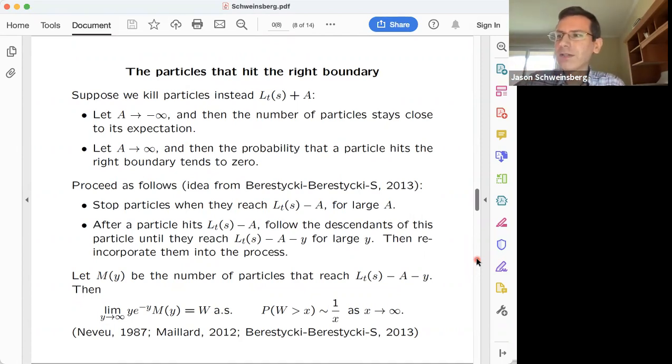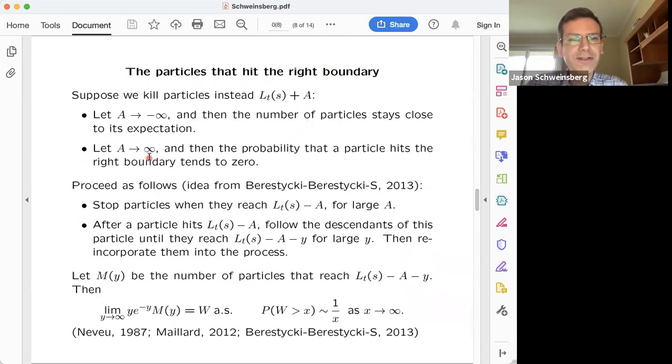Unfortunately, we can't quite do this here. So suppose we kill particles at L_t(s) plus a, where a is some constant. Then as a tends to minus infinity, the variance of the number of particles does get small relative to the square of the mean. However, the number of particles killed at the boundary gets large.